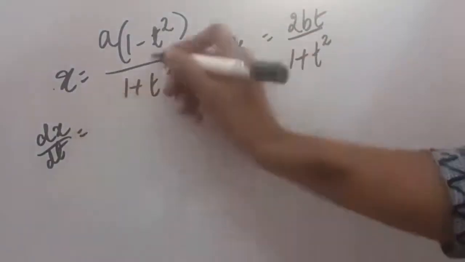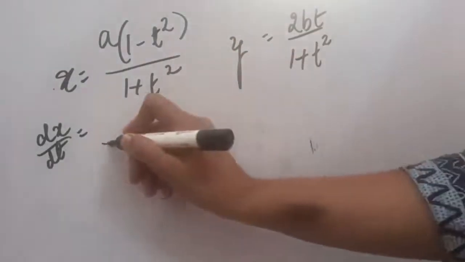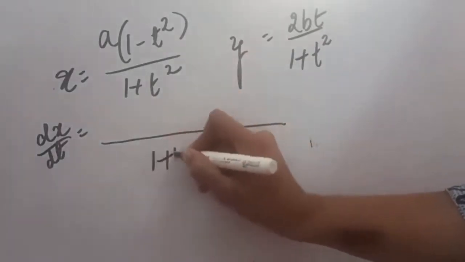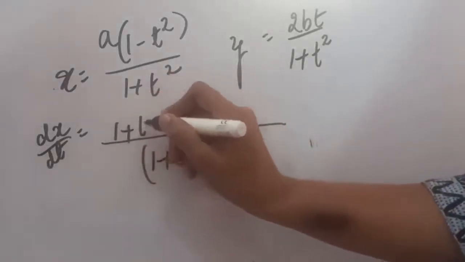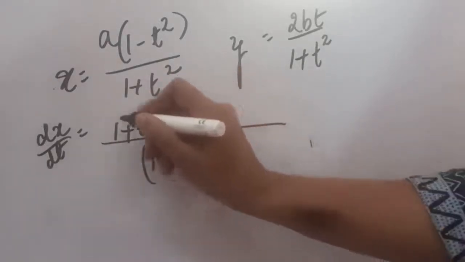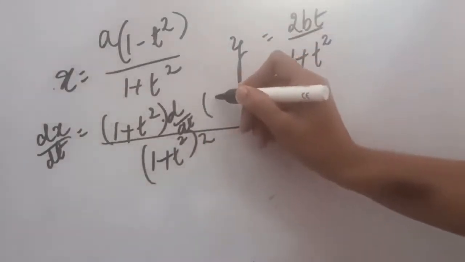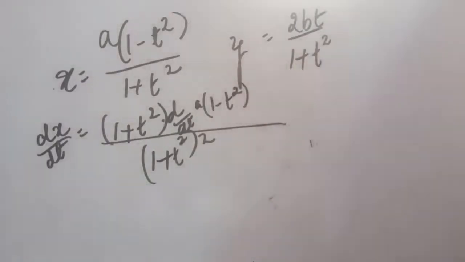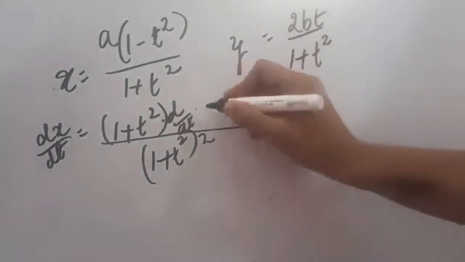Now here you can see that the u upon v rule, that is the quotient rule, will be applicable to solve the left hand side. So in the denominator, 1 plus t square whole square, that is v square, v into d upon dt of a 1 minus t square, or if we want to open it also we can write it like a minus at square.